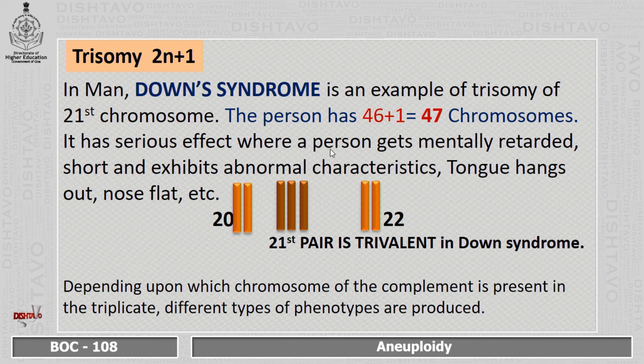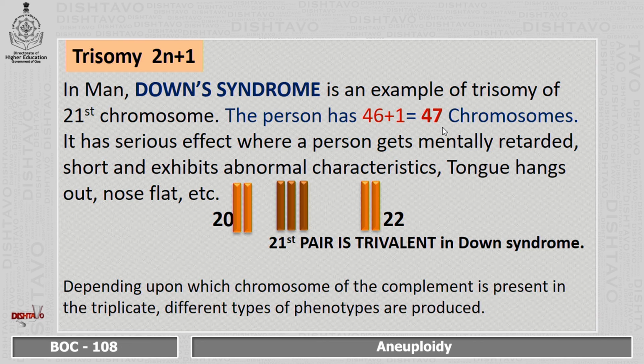This has a serious effect on the person, where the person gets mentally retarded, short, exhibits abnormal characteristics, tongue hangs out, whereas in the previous example monosomy, we have seen where the tongue is contracted in, the nose is flat. So, here there are 3 pairs, whereas then monosomy we saw there was only 1 chromosome. Here the pair is okay, but there is addition 1 chromosome. So, 3 together in Down syndrome.